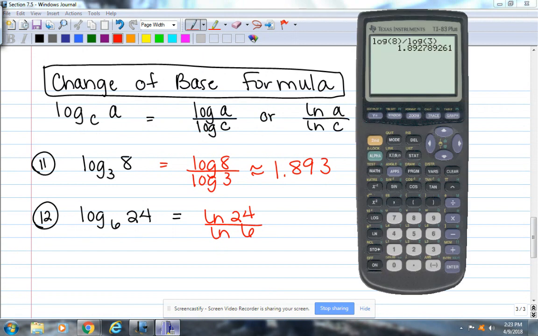And you can type that straight in your calculator. ln of 24, close parentheses, divided by the natural log of 6, close parentheses, hit enter. We're getting about 1.774, right? Now, if I did log base 10 instead of natural log, I still would get the same decimal because the ratio corresponds.